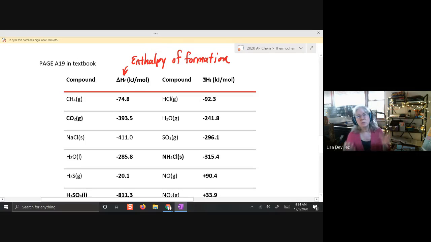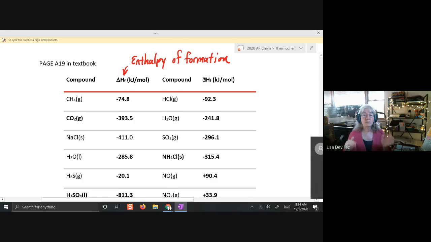Essentially, we talked before about how with enthalpy, we're always looking at the change in enthalpy, just because it would be really complex to try to measure all the different forms of energy that are going on within a molecule. And in order to look at a change, you kind of have to define something as zero.